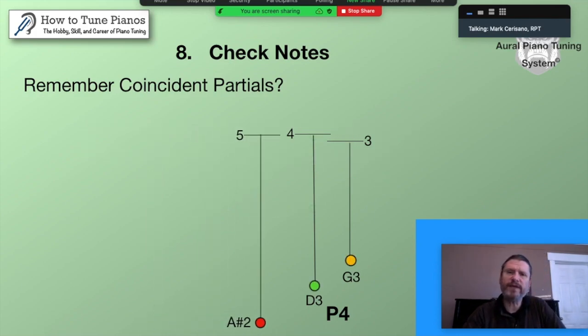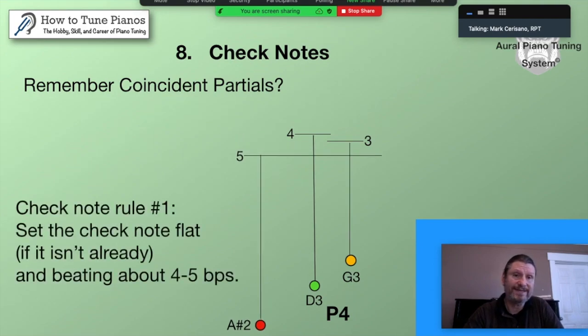But there are a few things about the check note that have to be observed. First, the check note is set flat if it isn't already, and it should be beating about 4 to 5 beats per second. Not too fast, not too slow. Otherwise, it's not useful.